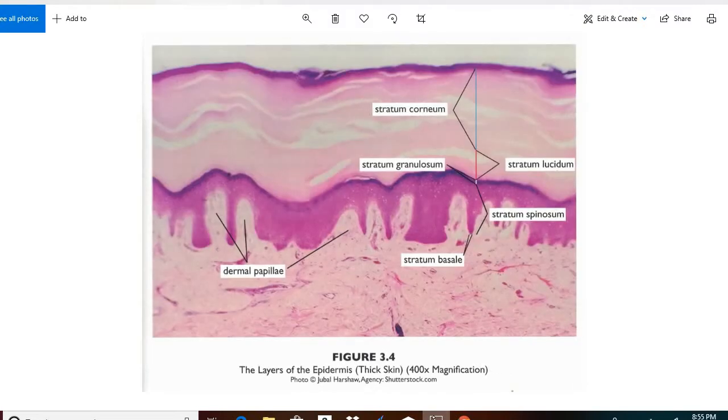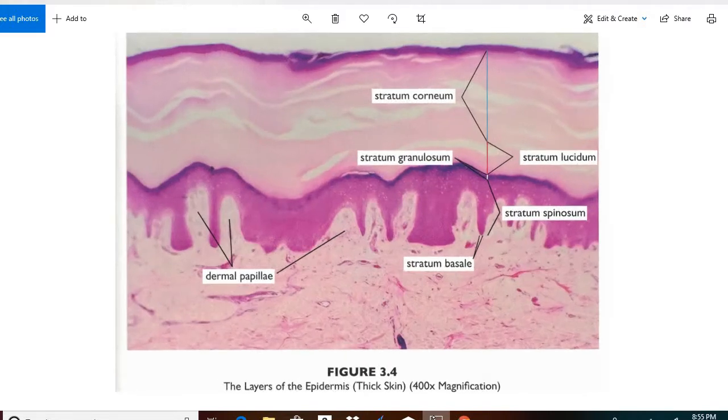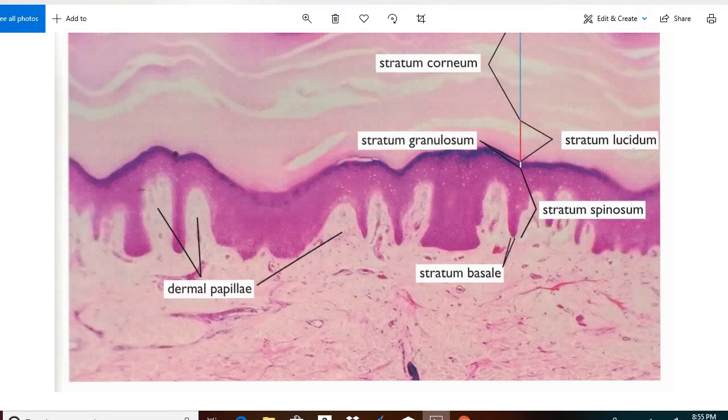Okay, so figure 3.4, this figure shows the different layers of the epidermis. Okay, so that very top layer of the skin is actually comprised of 5 different layers.